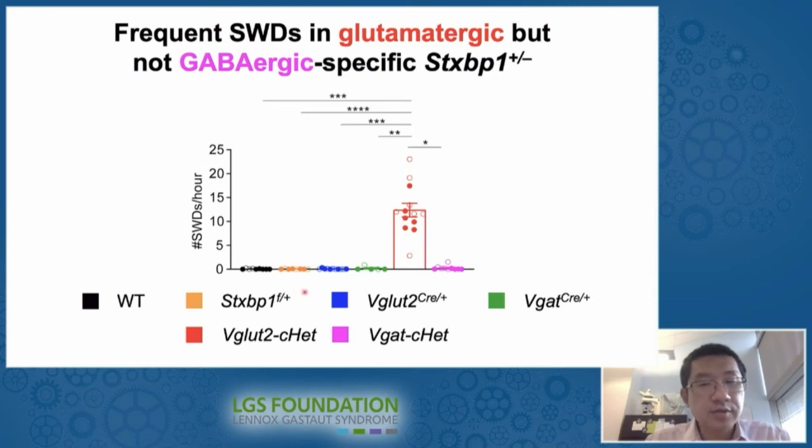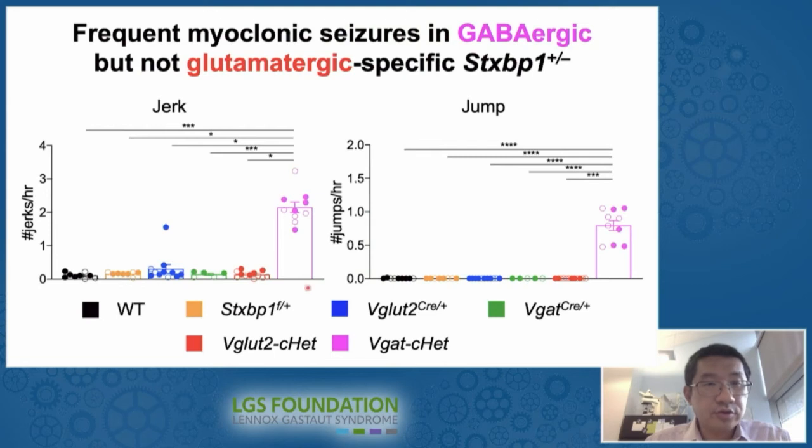But when you look at the myoclonic seizure, for both the jerk and jump, they are clearly elevated in the VGAT conditional heterozygote mutants, but not present in the VGLUT2 or glutamatergic conditional heterozygote mutants. Again, this is another interesting segregation of two different types of epilepsy being presented in two different cell types. So we actually have done many other different neurobehavior assays.